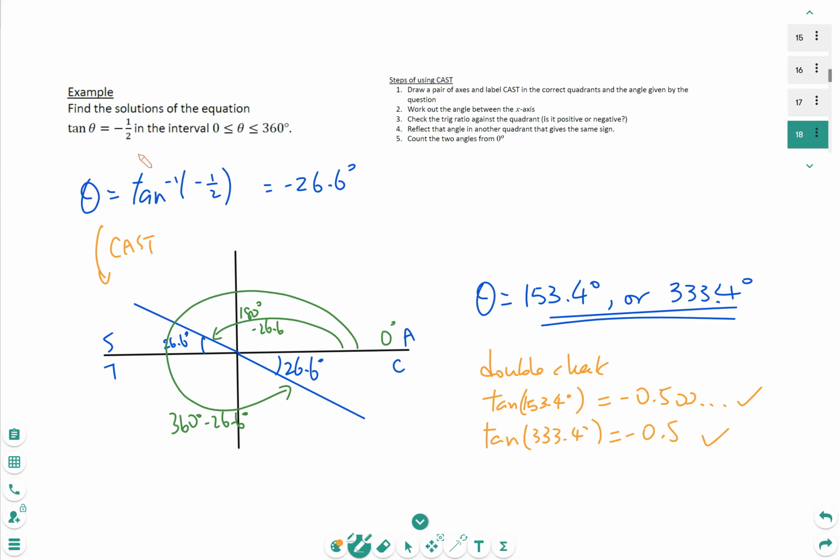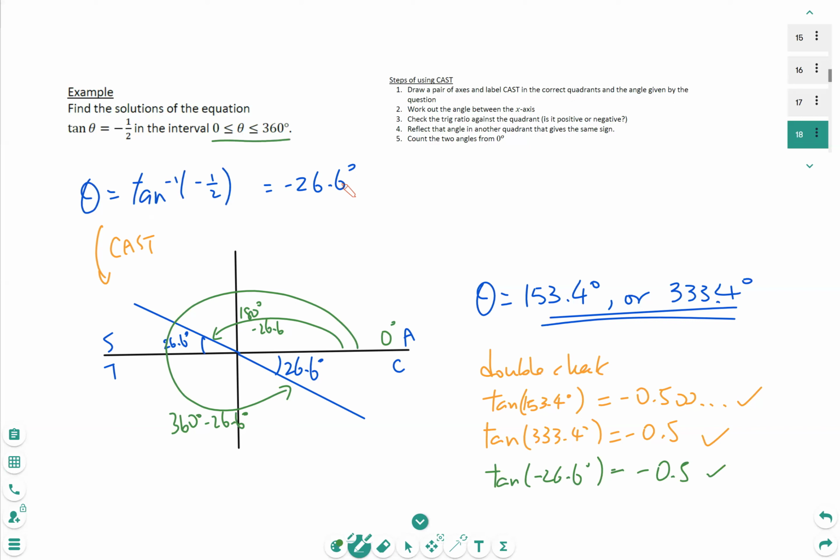Second question: what about the minus 26.6 degrees? Is this not one of the answers? If you try tan of negative 26.6 degrees, you would also get negative 0.5. But why is this not an acceptable solution?